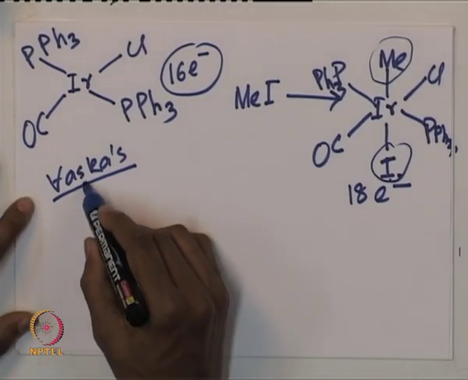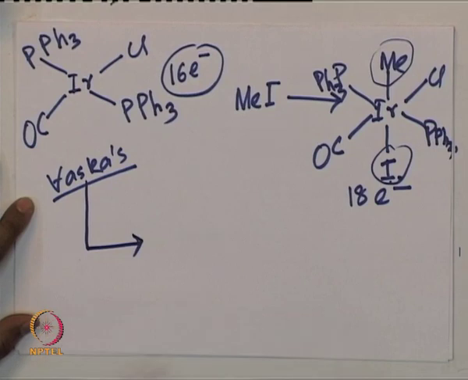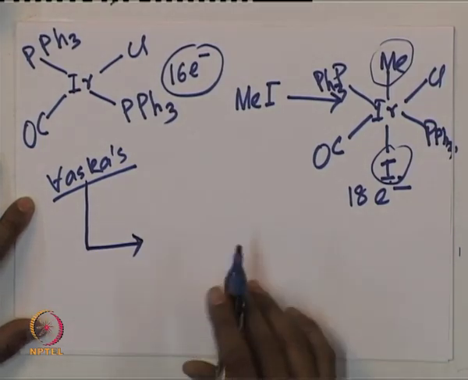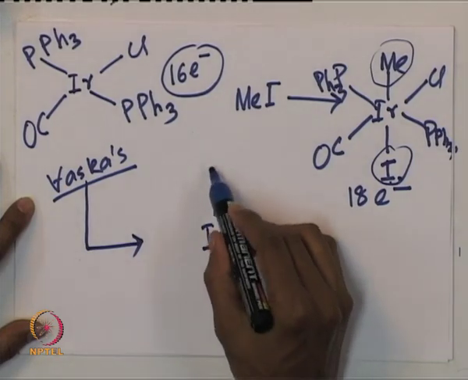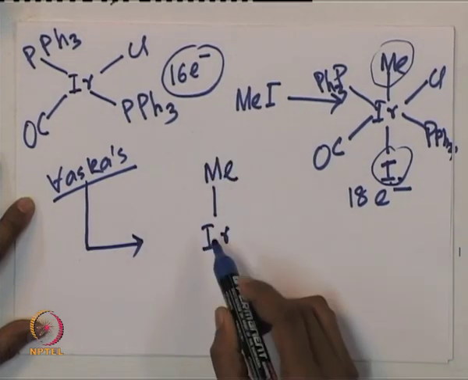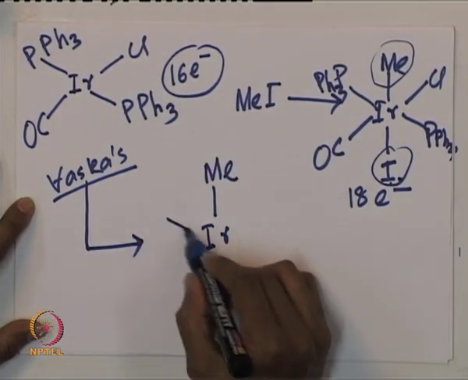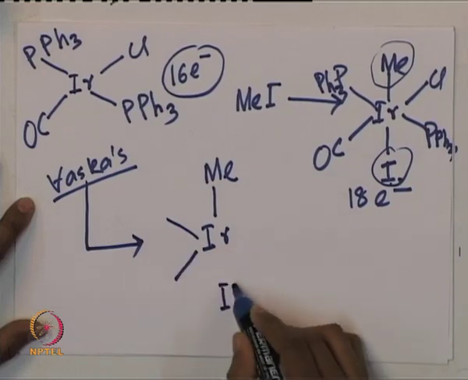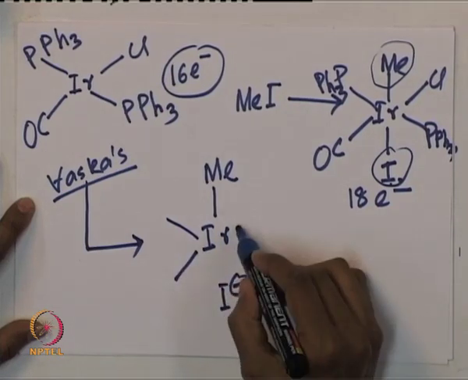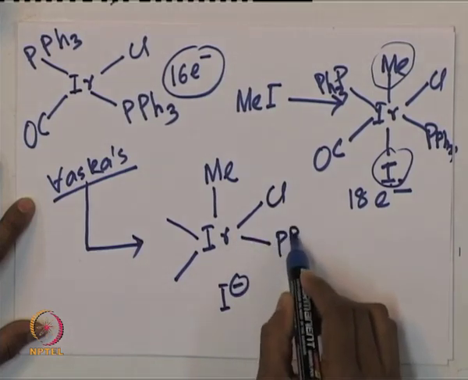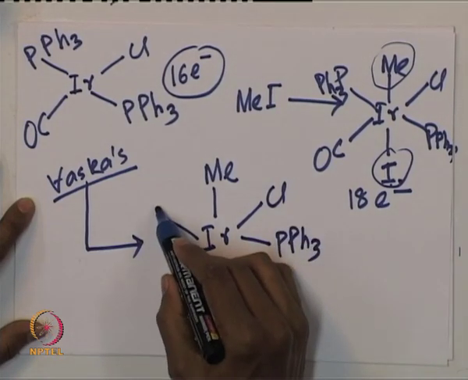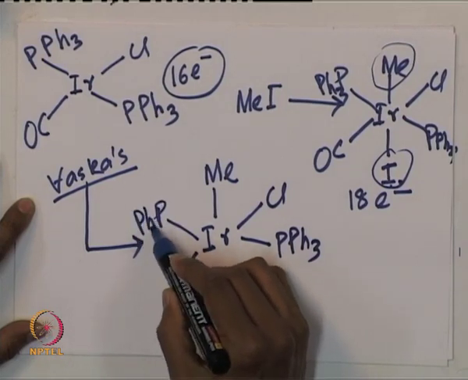If we analyze this reaction a little bit in detail, we will see that the first formed intermediate is the one where methyl is attached to the iridium complex, iodide is an anion, a counter anion rather, and we have overall a 5 coordinated complex as an intermediate.